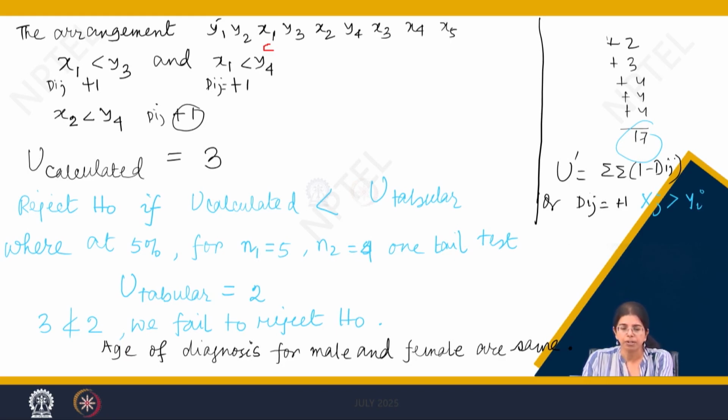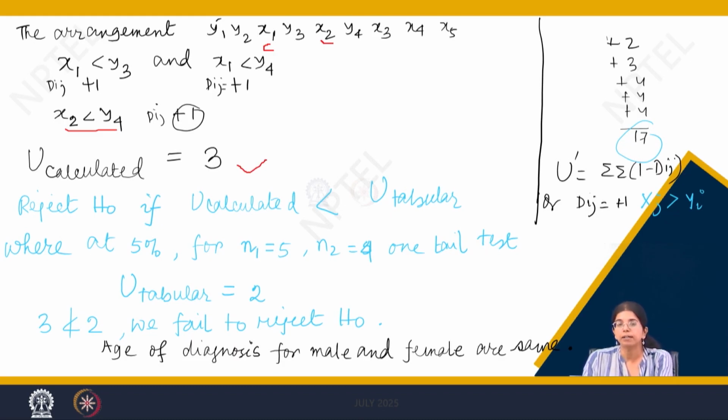No. So this will be Dij plus 1 and plus 1. Now stick to the second observation of X, X2. X2 is less than Y4. Is there any other Y for which X2 is smaller? No. So for X2 less than Y4, the Dij value is plus 1. So altogether you calculated U is 3.